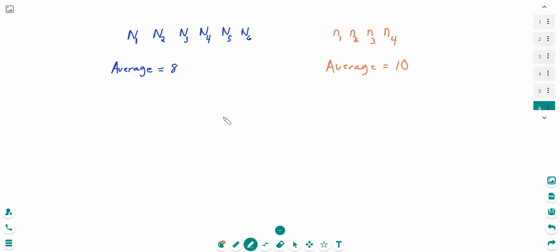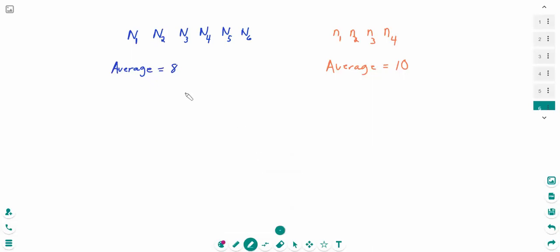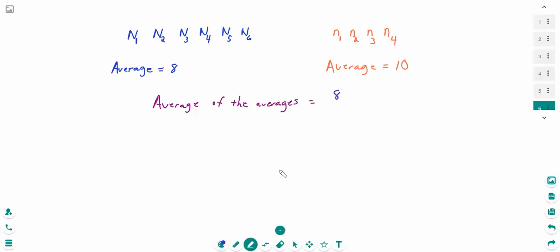So the first question they might ask you is, what's the average of the averages? Well, this is the exact same problem that we were doing earlier. So if we have an average of 8 and an average of 10, well, the average of the averages is going to equal 8 plus 10, right?